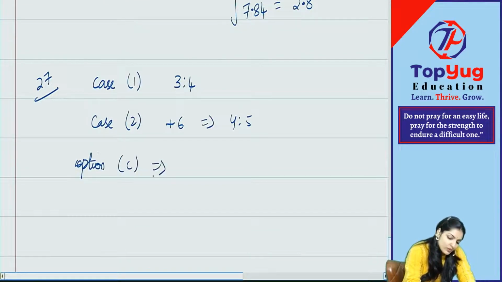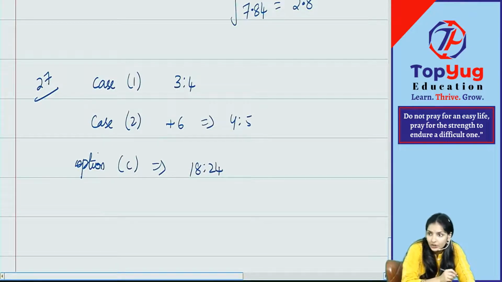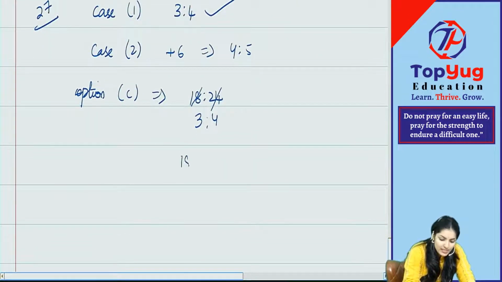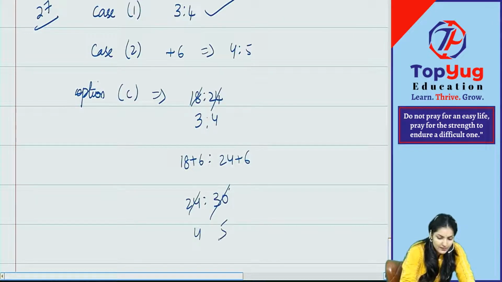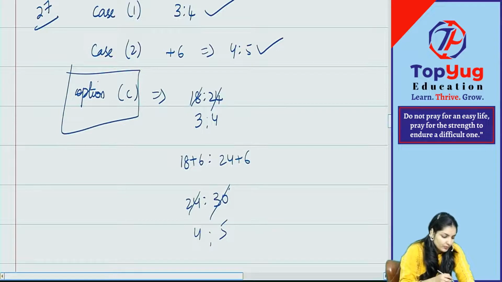How? I'll tell you. 18:24. Is it in the ratio? So 6 3s are 18, 6 4s are 24. Case 1 satisfied. Now add 6 to each. So 18 plus 6 is to 24 plus 6. So 24 is to 30. Now cancel. Yes, 6 4s are 24, 6 5s are 30. Case 2 satisfied. Option C is the right option.